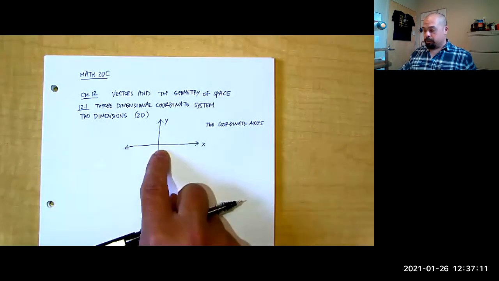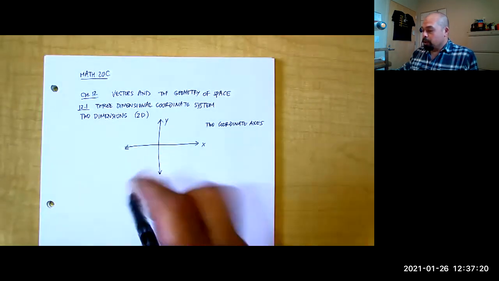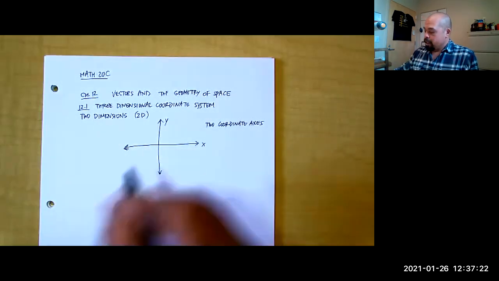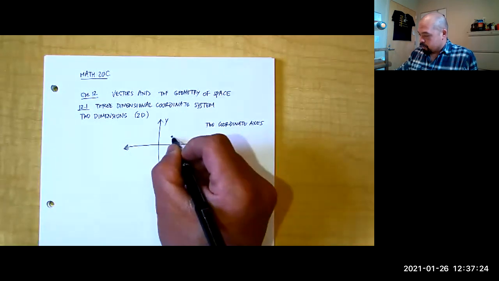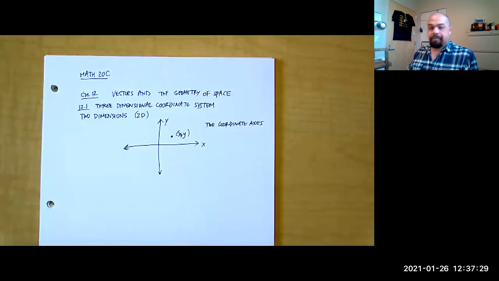That gives our origin 0, 0. And we can locate other positions, other locations in that space with those ordered pairs. And so we'd have our point x comma y that we can identify.